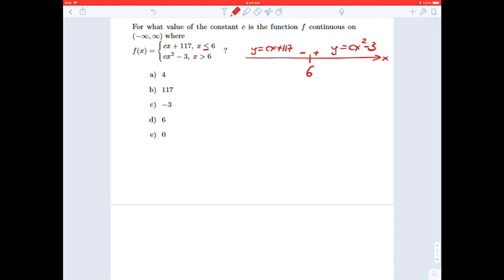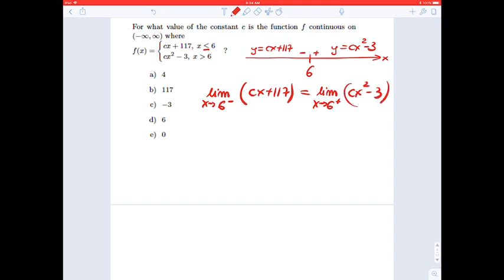The value of the function will be defined as cx plus 117 when x is 6, of course. That's the definition of continuity. The limit of the function as x approaches 6 from the left, where the function is defined as cx plus 117, must be the same as the limit as x goes to 6 from the right hand side, cx squared minus 3.